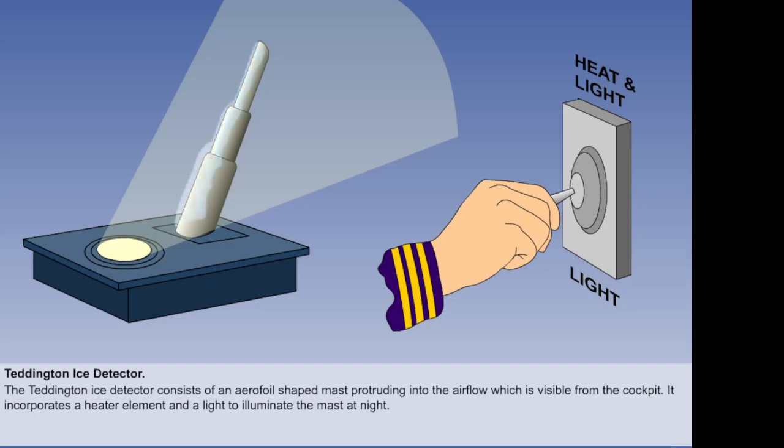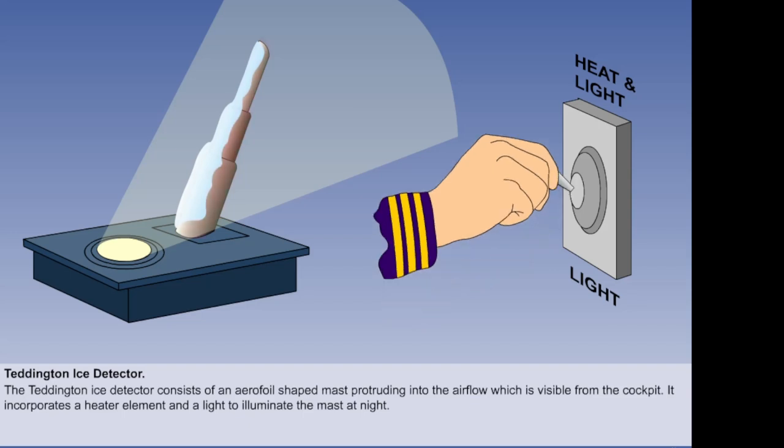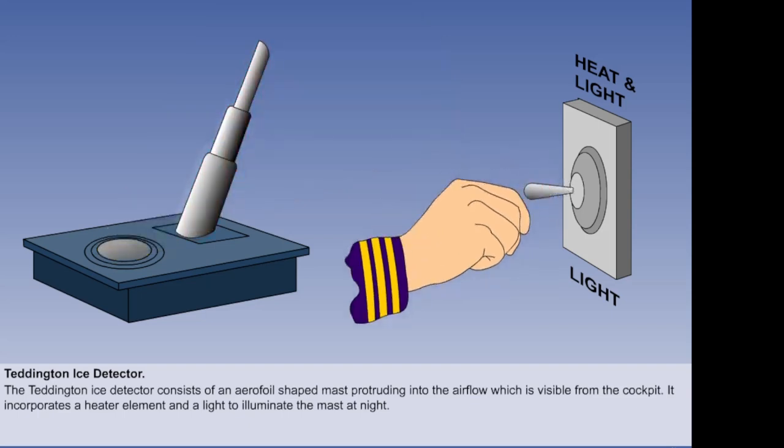When icing conditions are encountered in flight, with the heater power supply switched off, ice accumulates on the mast and gives a direct visual indication of ice accretion. The heater may be switched on for a short period to dissipate accumulated ice. The more quickly the ice reforms, the more severe are the icing conditions.